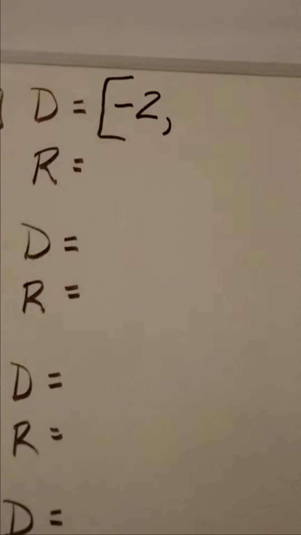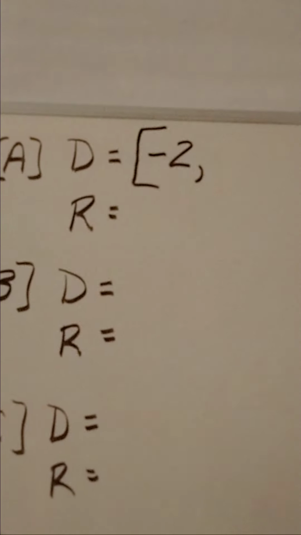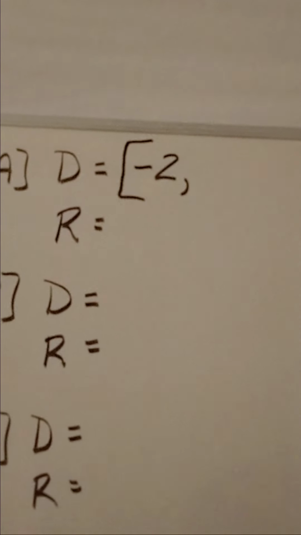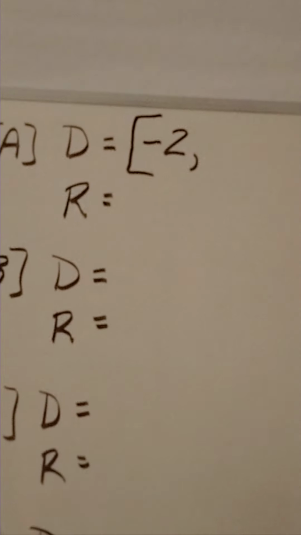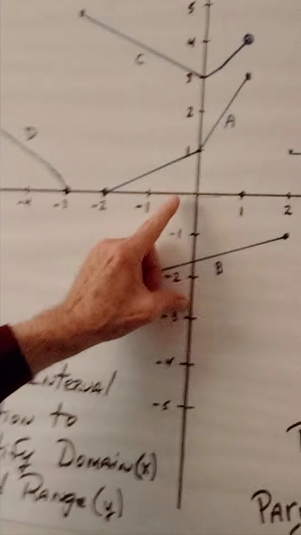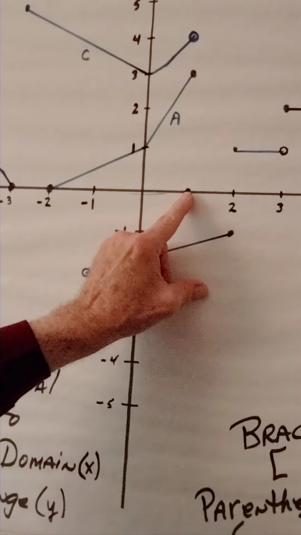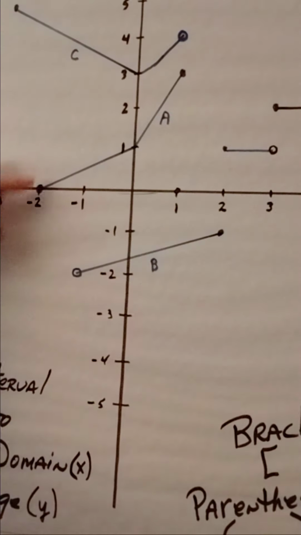And we put a comma. Right now, that indicates that the domain of this graph is going to begin at -2, and -2 counts because it's got a bracket to its left. The largest value of the domain is right here at +1, and it's darkened up, just like he was.